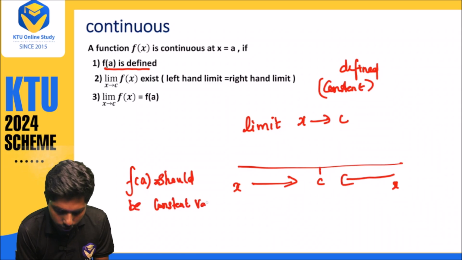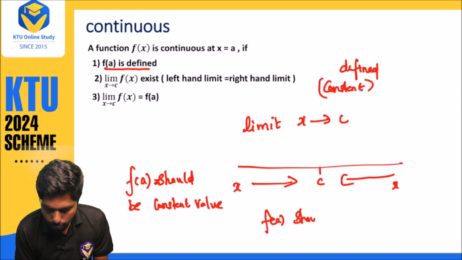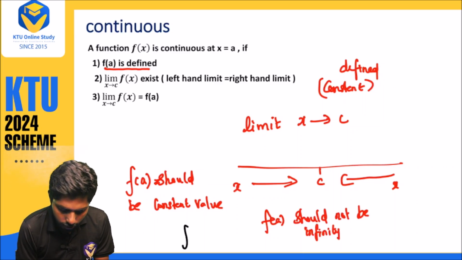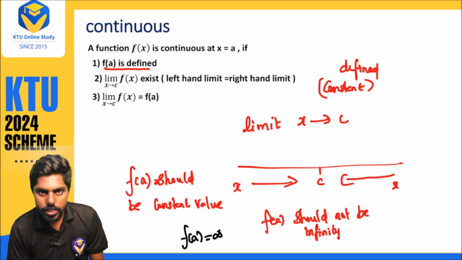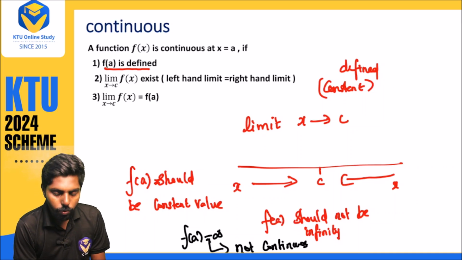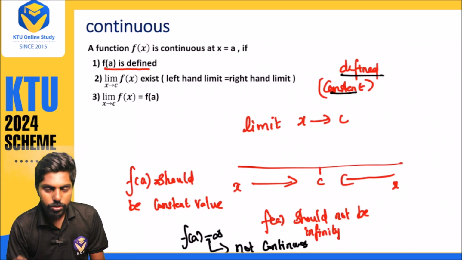It should not be infinite. You cannot say f of a is equal to infinity. If f of a is infinity, it is not continuous. So f of a is defined, that is, some constant value. This is the first condition.